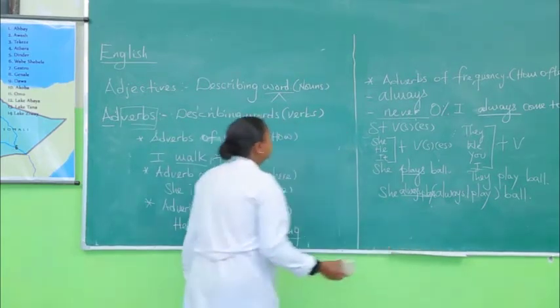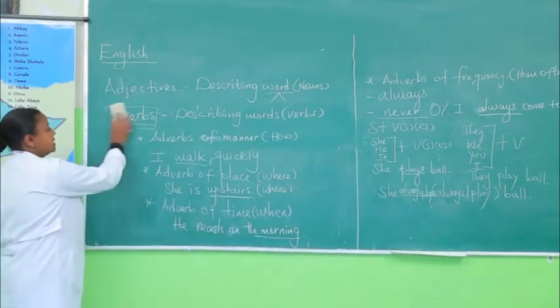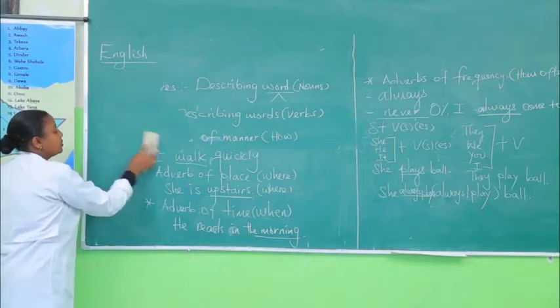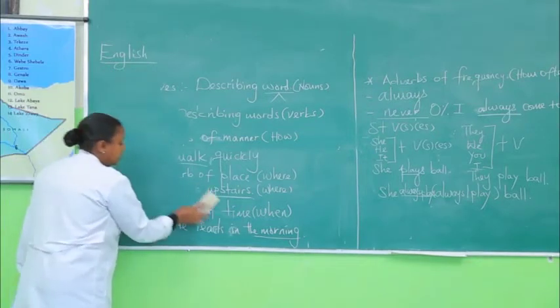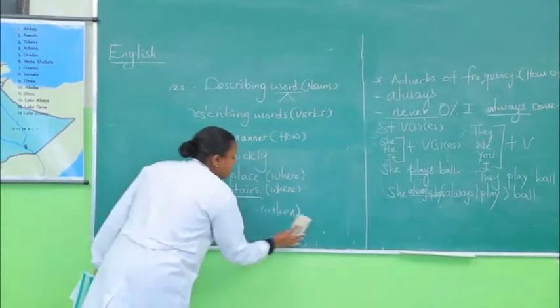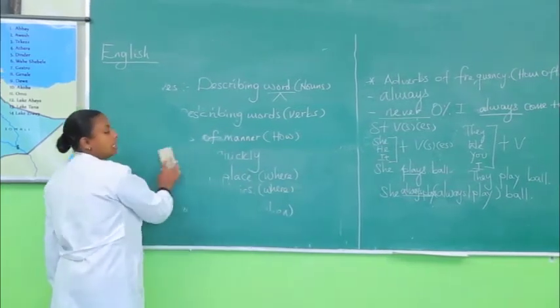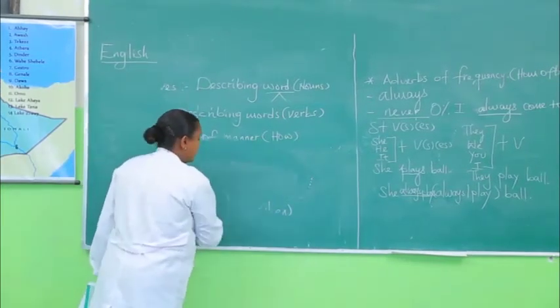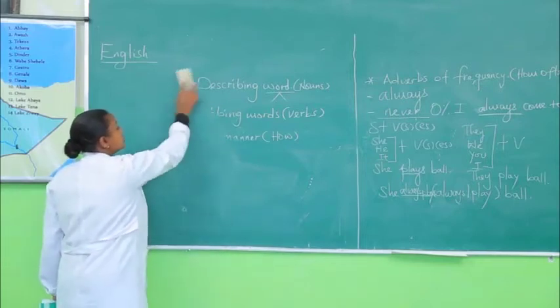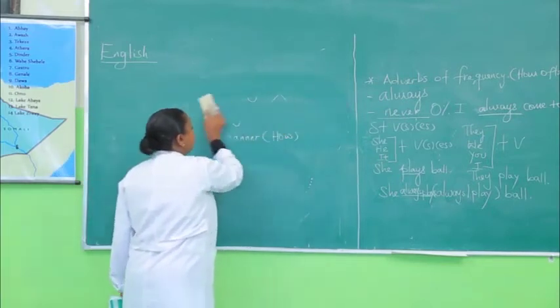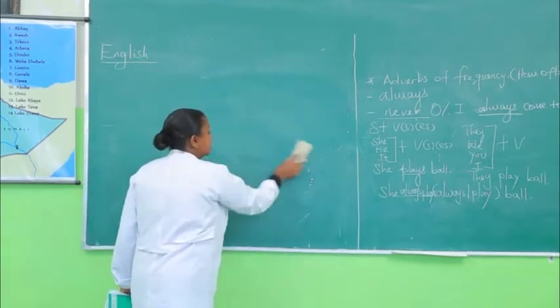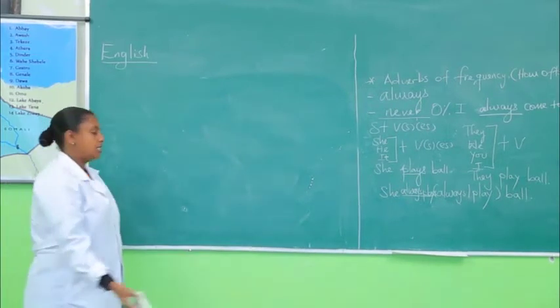And the next one is, if you remember last time, we discussed about writing, and when you are writing paragraphs, I told you some rules that you have to follow. Do you remember those rules? Very good.